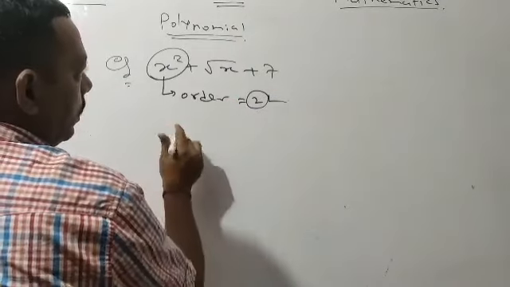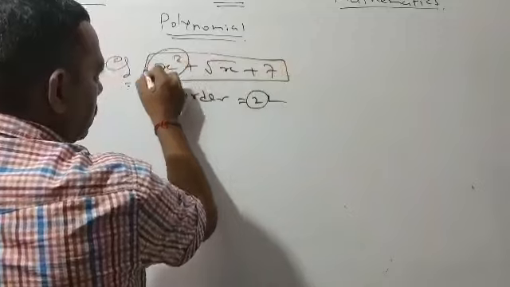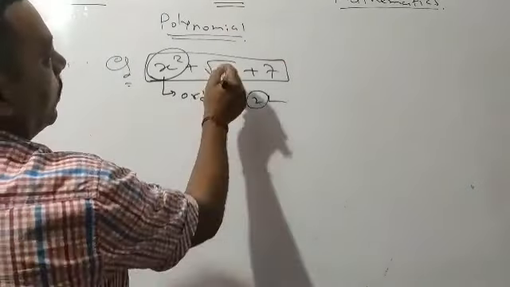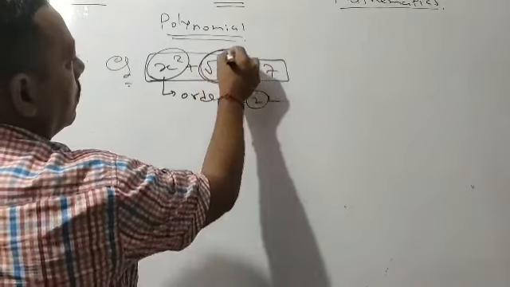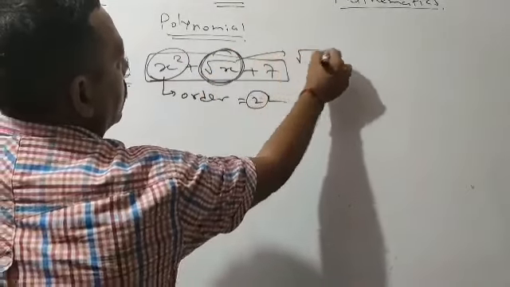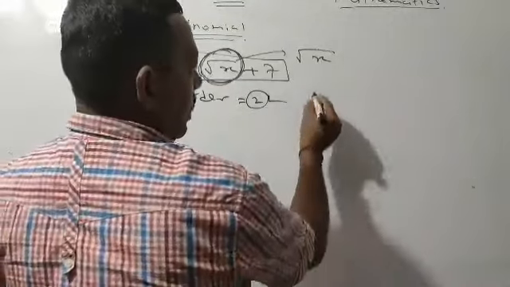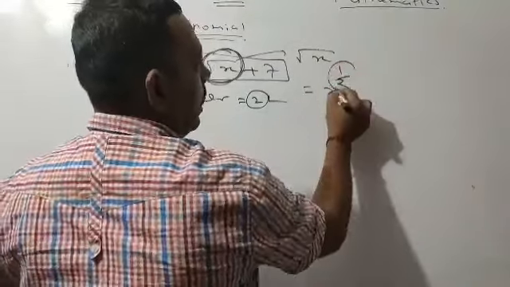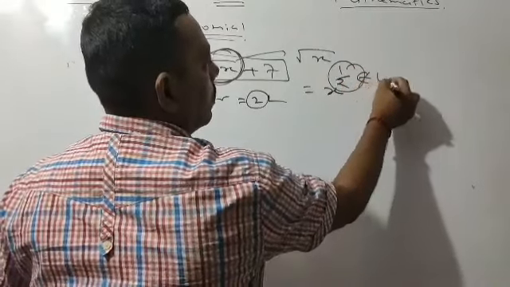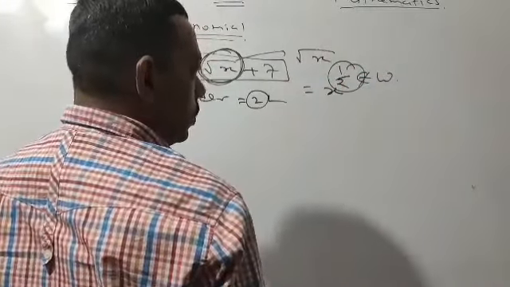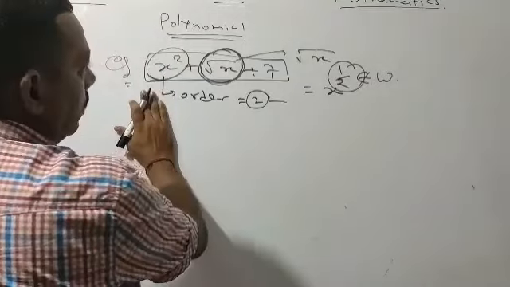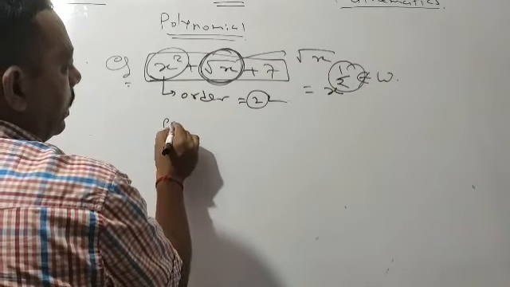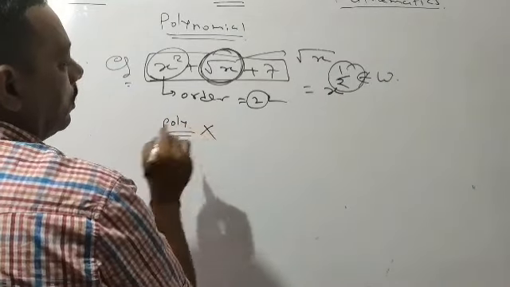But first of all, can we say this expression is a polynomial? No. Why? Because here the term is root x, and you might remember that root has power half, and this half does not belong to the whole numbers. So this expression is not considered a polynomial.